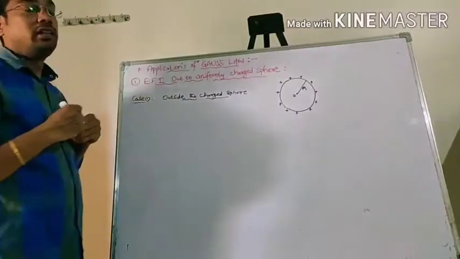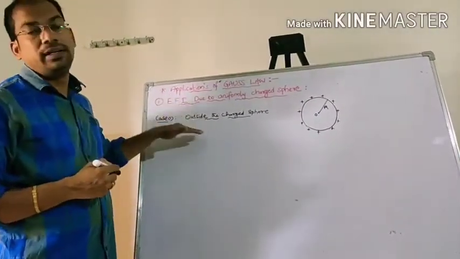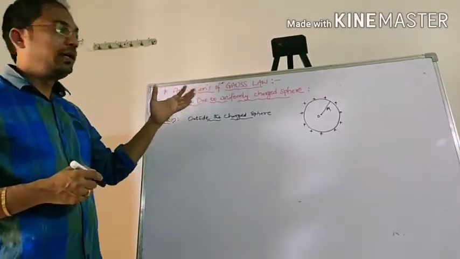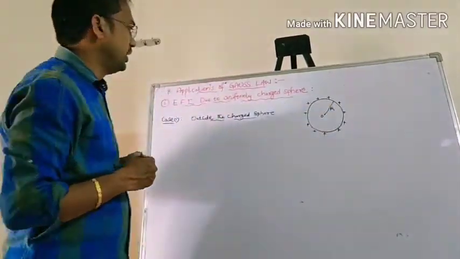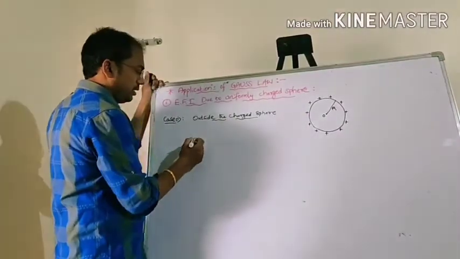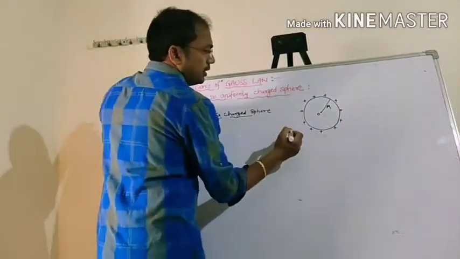In the first case we have to find the electric field intensity by using Gauss law at a point outside the charged sphere. I will draw this again.